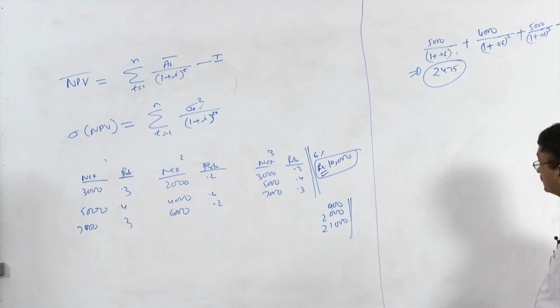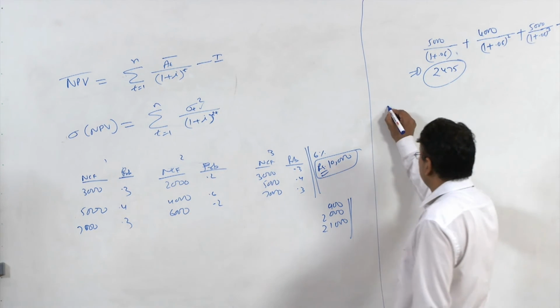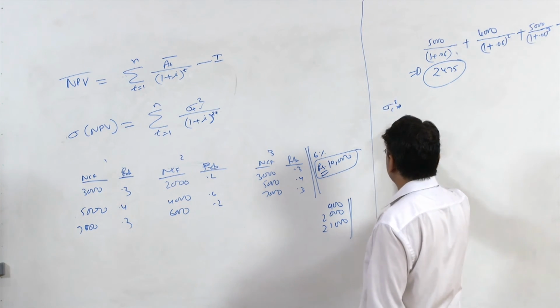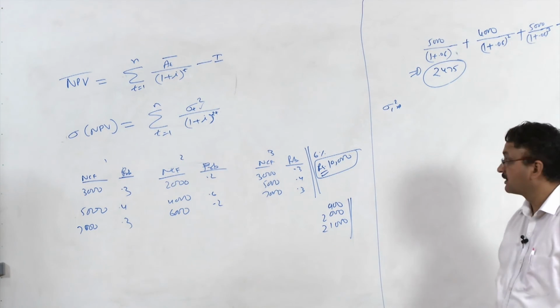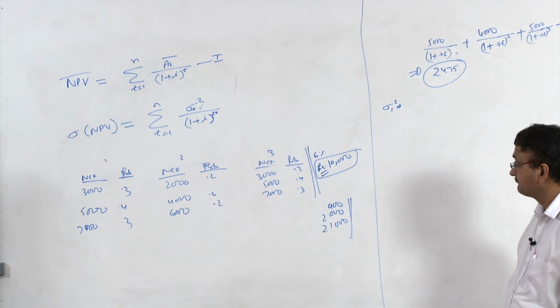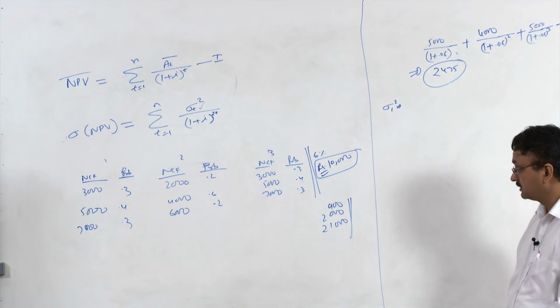Sigma 1 squared, the variance of the first year. How to proceed?